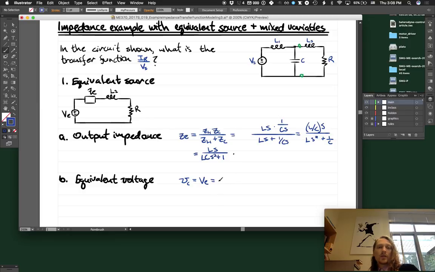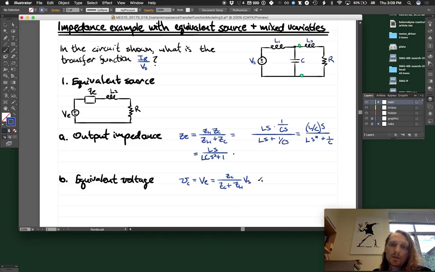So this is ratio of impedances first, and that is going to be ZC, the impedance of the element we want the voltage across, divided by ZC plus ZL1 times VS. That's what VE is.